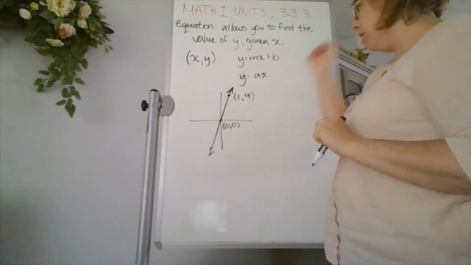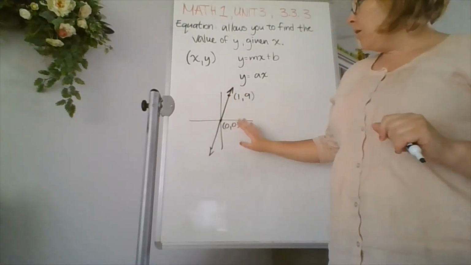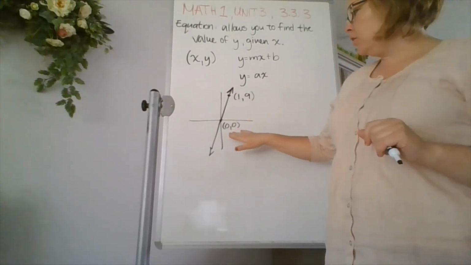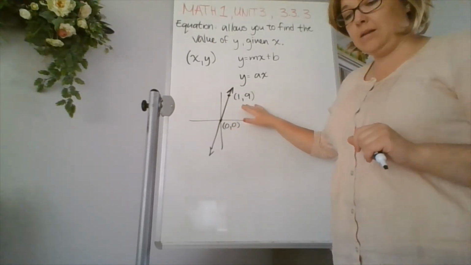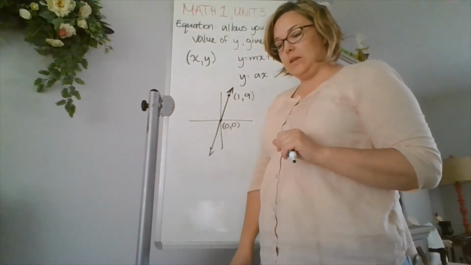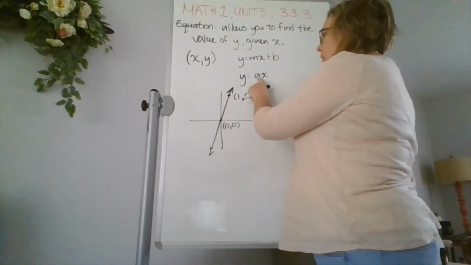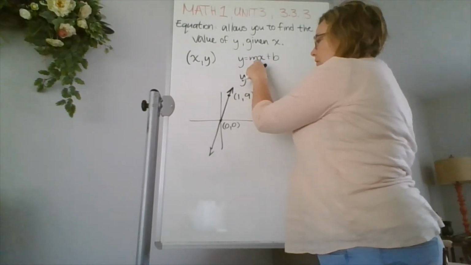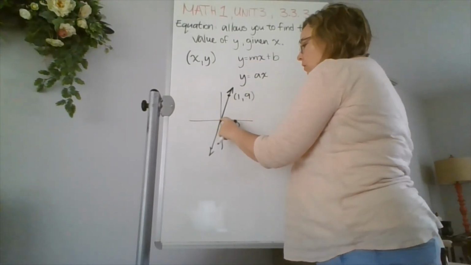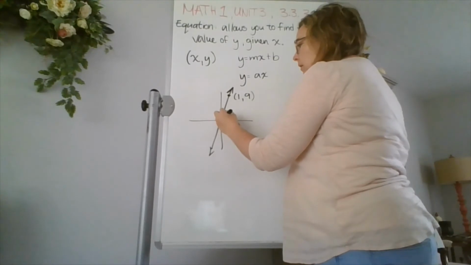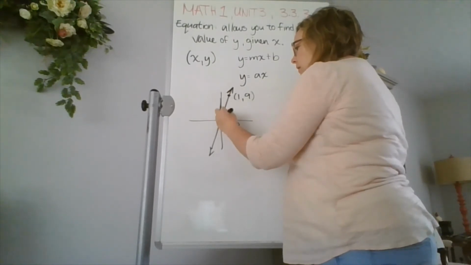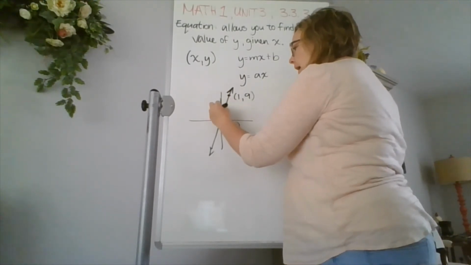Okay, so this is our graph. We have 2 points, (0, 0) and (1, 9). And we are asked, what is the equation of the line? So we need to find what a equals, meaning our slope. We are going to count our rise over run. We go up along this path, 9.